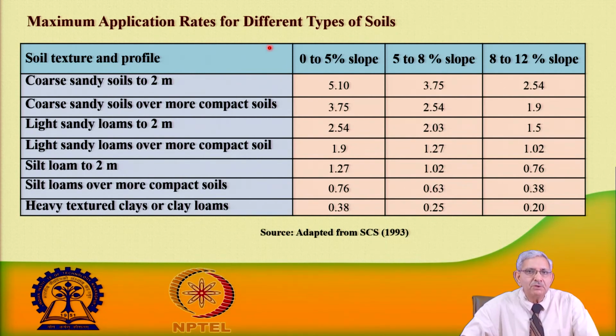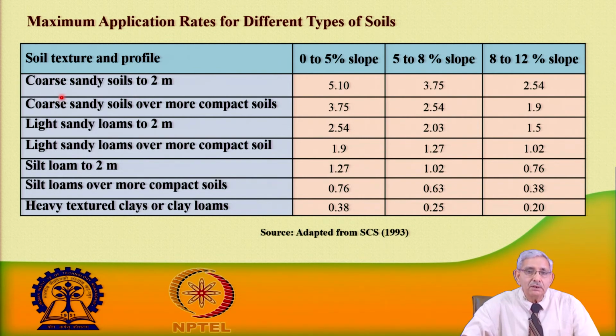The same thing which I told here: the application rate is to be given in such a way that it does not form runoff, so the application rate will depend upon the particular type of soil texture and the depth of soil. It will also depend upon the prevailing land slope.